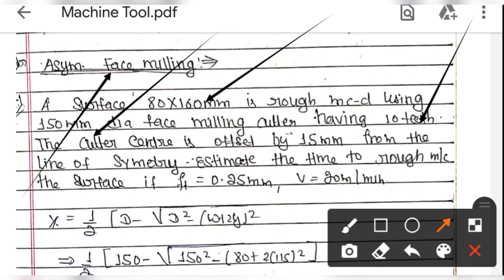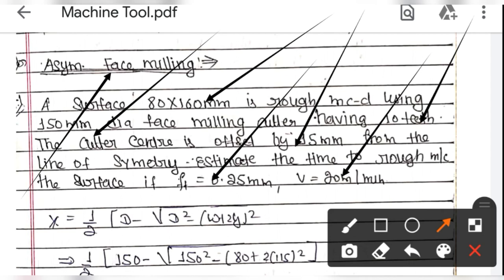The cutter center is offset by 15 mm. So here the Y value is 15 mm from the line of symmetry, meaning from the central axis of the workpiece. Estimate the time to rough machine the surface if feed per tooth is 0.25 mm and velocity is 20 meter per minute.